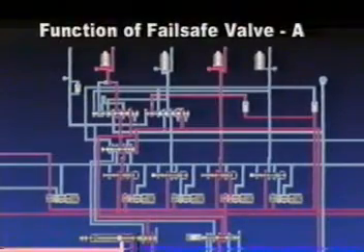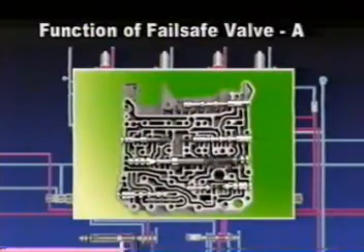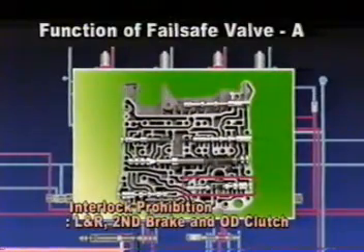Let us briefly explain fail-safe valve. Fail-safe valve A is safety equipment to prevent simultaneous operation of 2 brakes and 1 clutch, namely low and reverse brake, second brake, and overdrive clutch. Fail-safe valve A prevents it not electronically, but mechanically and hydraulically.